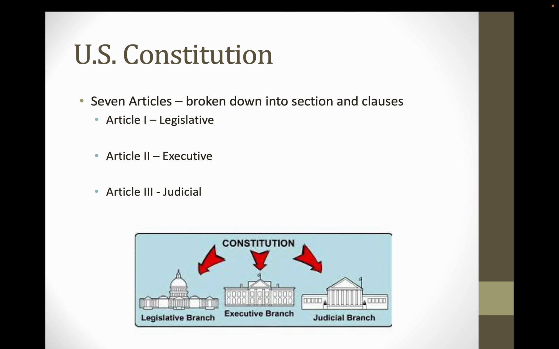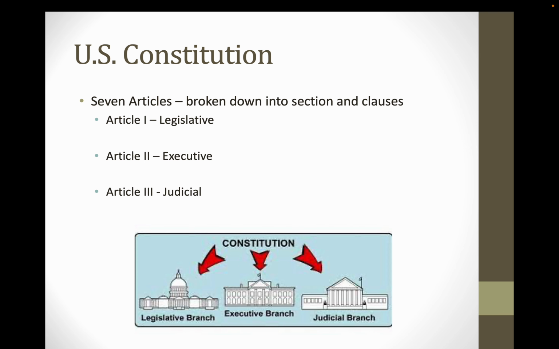So we're going to look at the structure of our Constitution, and it has 7 articles. An article is, I hate to call it a section, but each one of the 7 articles deals with a different topic, a general subject.